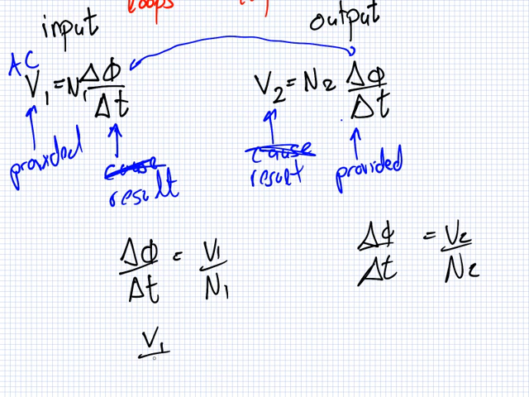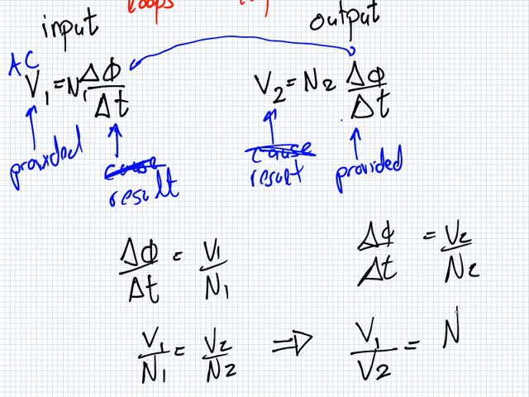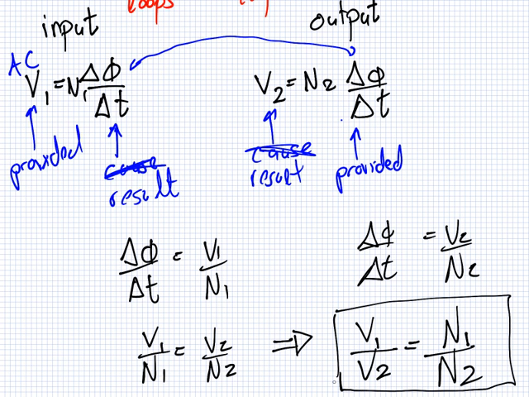So V1 over N1 equals V2 over N2. And a little bit of a rearrangement: the voltage in the primary coil over the voltage in the secondary coil equals the number of turns in the primary coil over the number of turns in the secondary coil. And this is our formula, which I'm sure some of you have seen before.